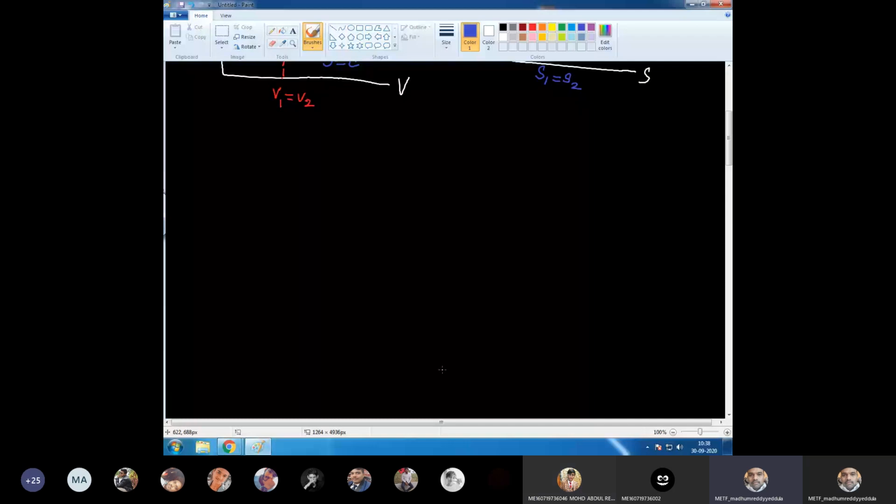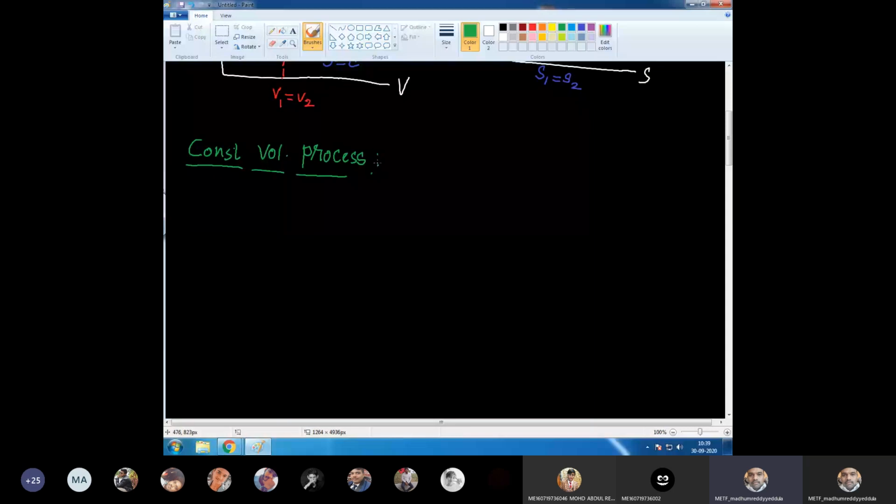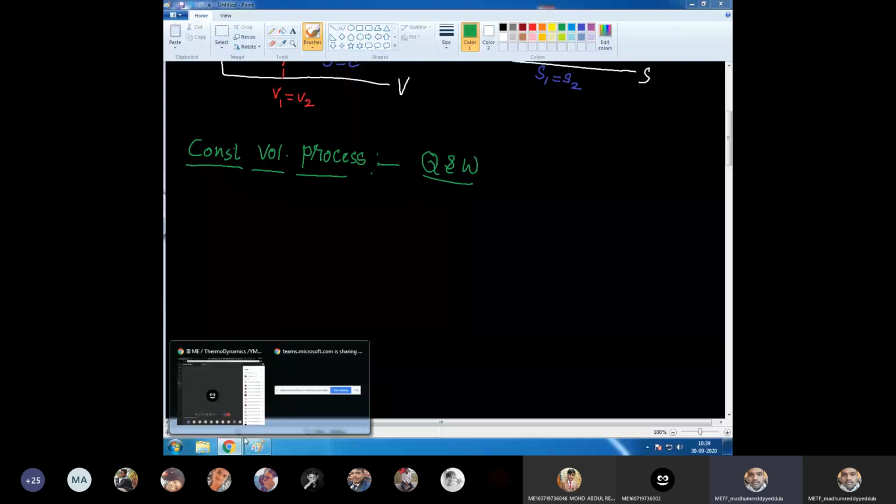Now, first process is constant volume process. We are going to discuss heat and work interactions for all four processes. Usually in order to attain constant volume process, we should consider a closed piston cylinder.